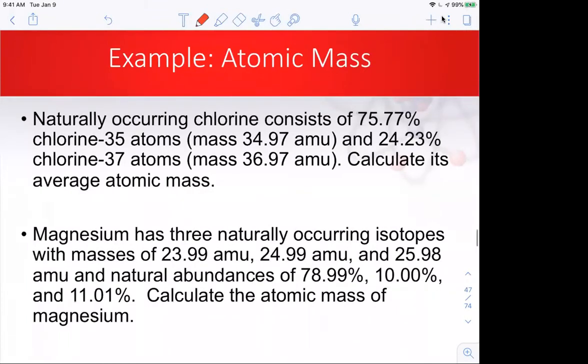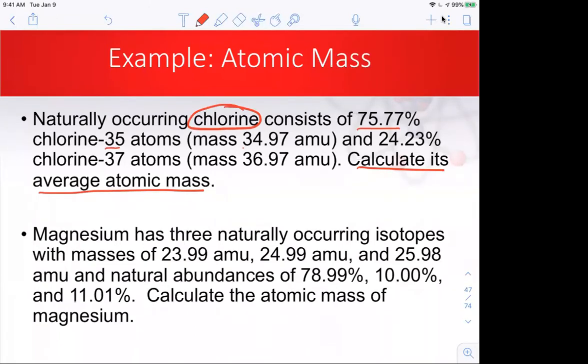Now, I can actually do problems like this using that same formula. Let's say I want to calculate the average atomic mass of chlorine. Chlorine is atomic number 17. I have 75.77% of chlorine 35 atoms.